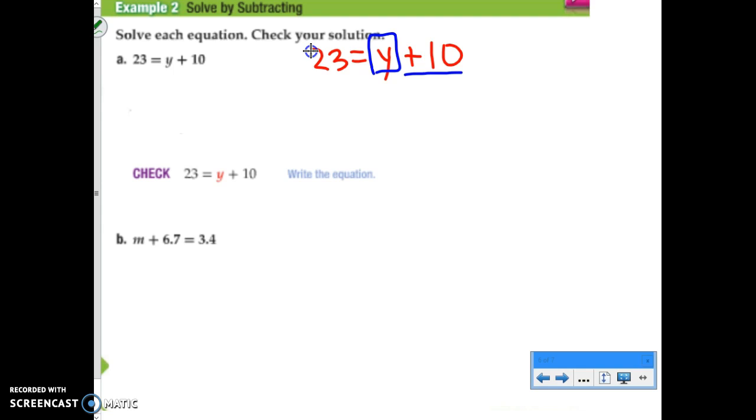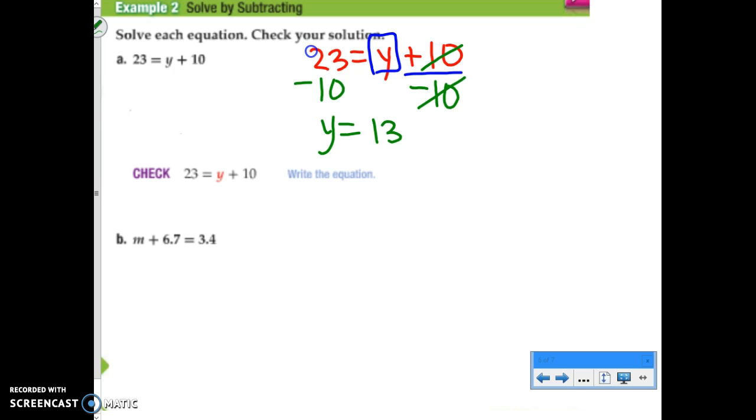The opposite or the inverse of addition is subtraction. So I know that I need to subtract 10 from both sides. And whatever I do to this side, I need to do to this side. And again, that's called balancing the equation. I can't stress that enough because you're going to need to know this throughout the rest of forever. So I have a y completely by itself, and 23 minus 10 gives me 13.